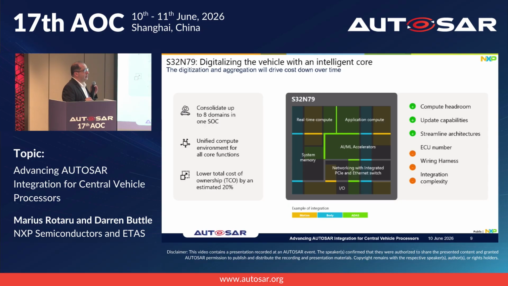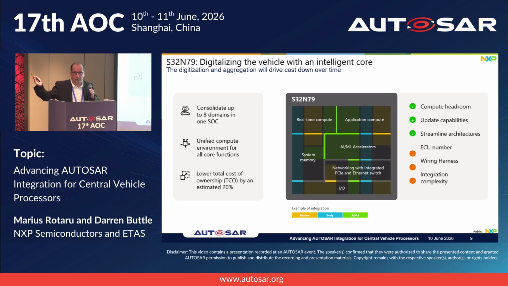It streamlines the architecture, reducing at the same time the ECU number, the wiring, and, of course, the integration complexity. And this delivers significant savings. This SRT2N is not only used to consolidate, it also integrates AI.